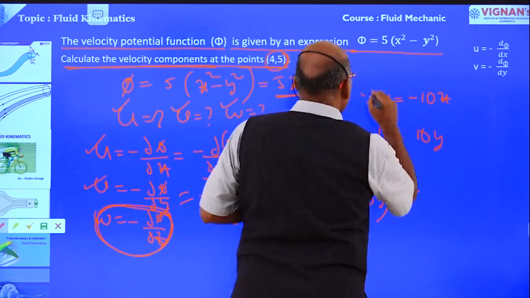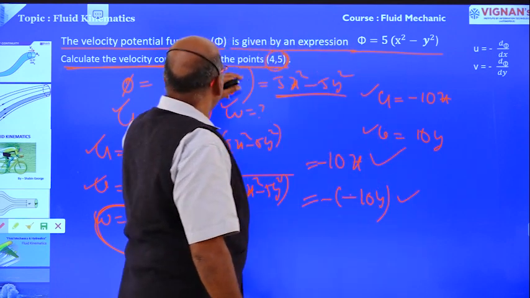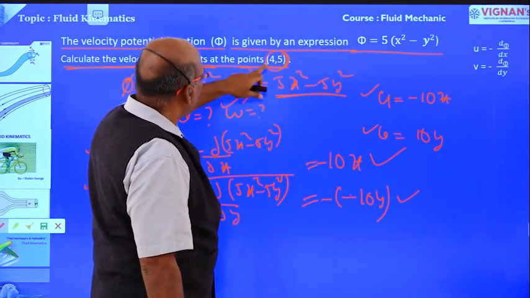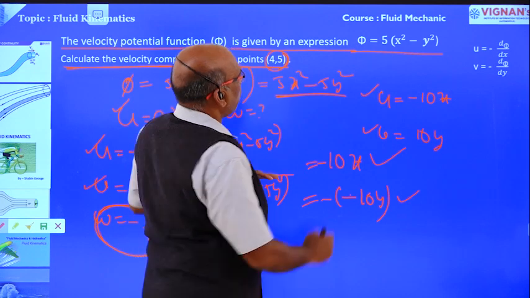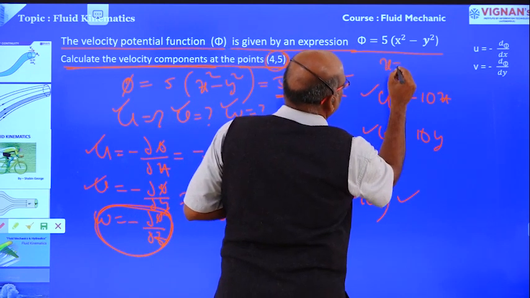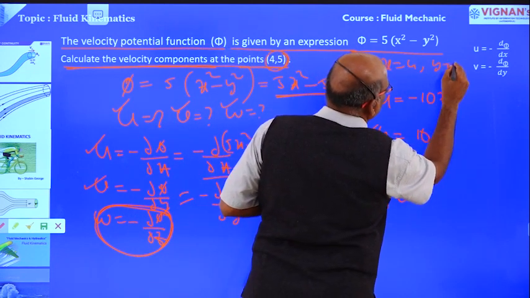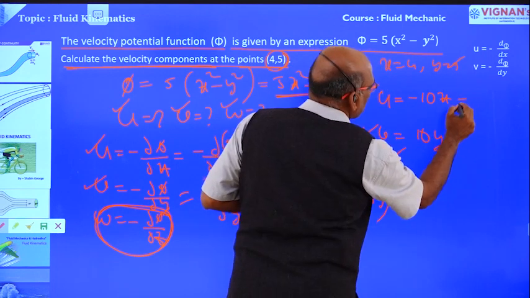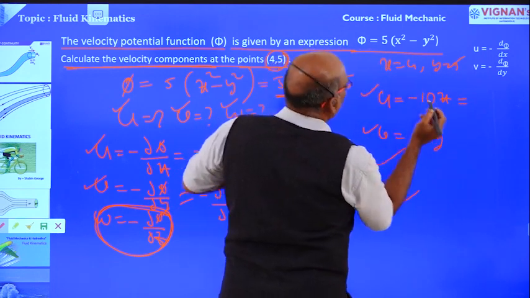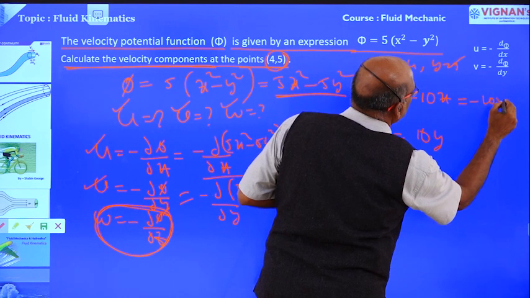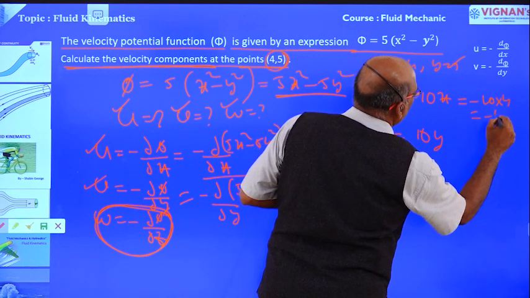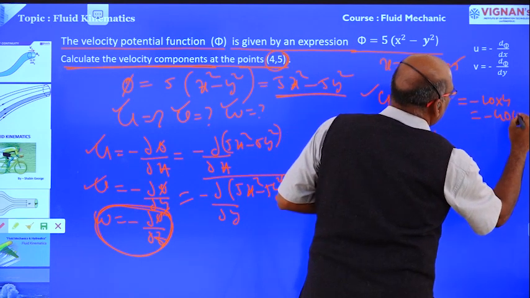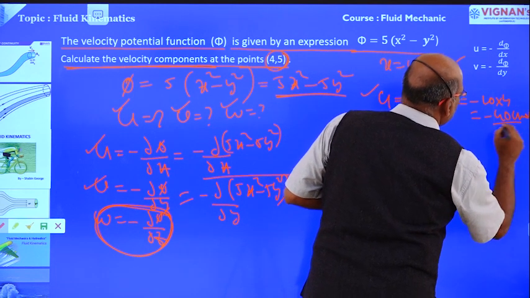This is u, this is v, but they want to determine the velocity components at the point (4, 5), that means x is equal to 4 and y is equal to 5. Now in place of x we substitute 4: minus 10 into 4 equals minus 40 units.